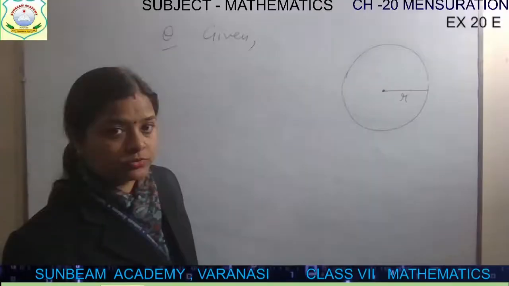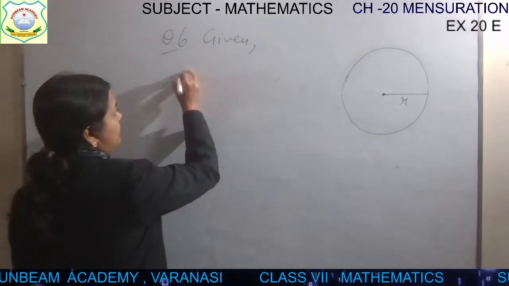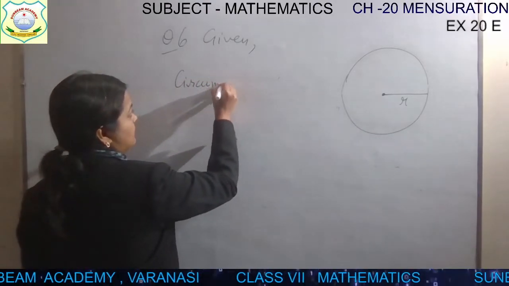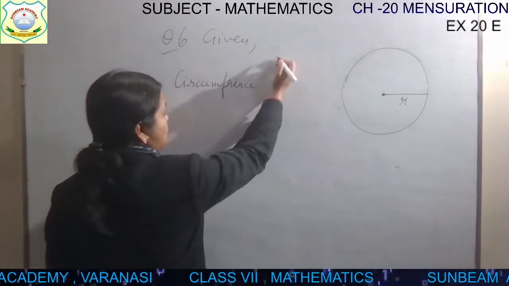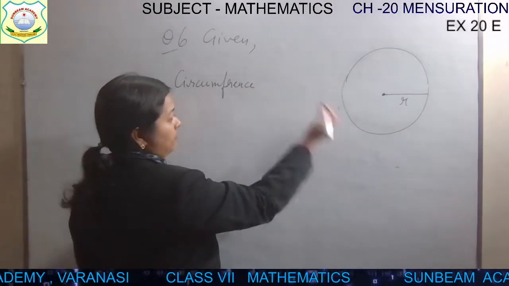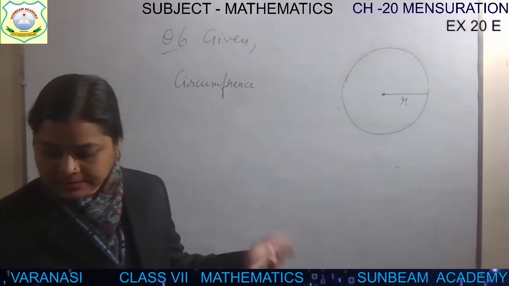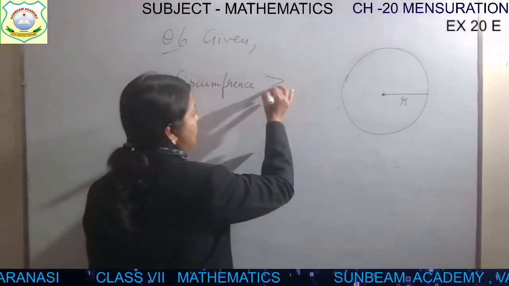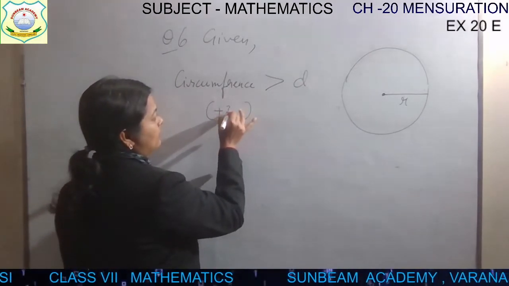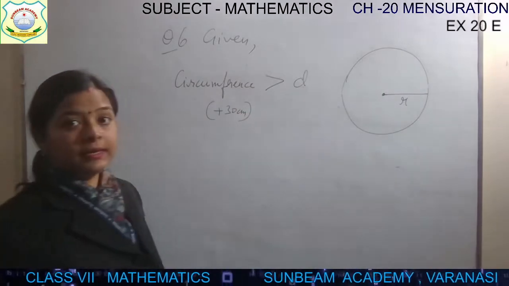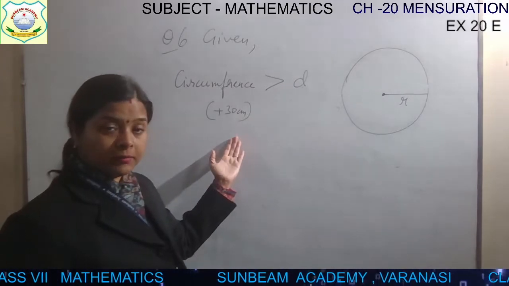Okay, so let's see the question. Question number 6. What is given? Circumference is exceeding its diameter by 30 centimeter. It is already exceeding by 30 centimeter, meaning whatever circumference comes, that is more than the diameter by 30 centimeter.